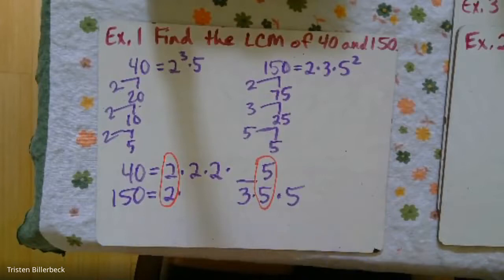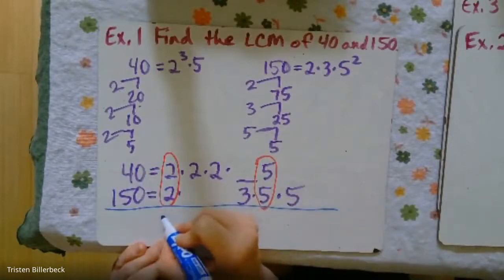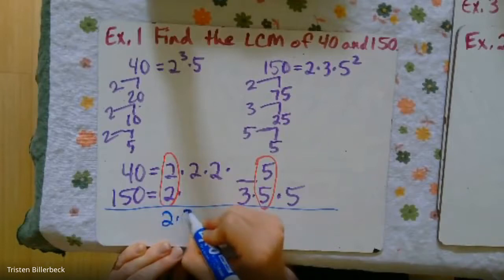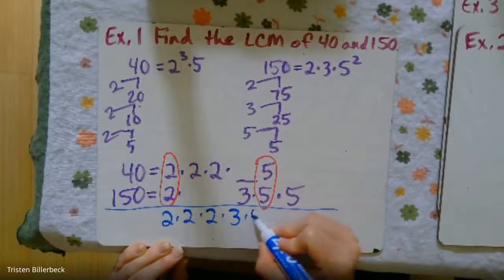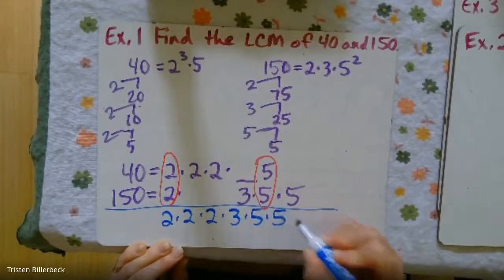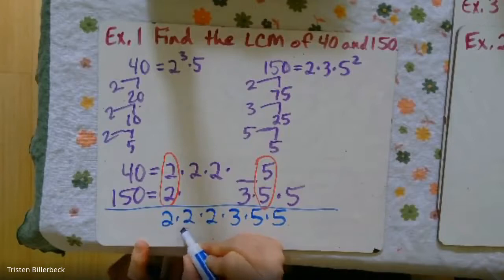Now, if we write what we see on the bottom, after we remove the duplicates, we have 2 times 2 times 2 times 3 times 5 times 5. So 2 times 2 times 2 is 8. So we have 8 right here.